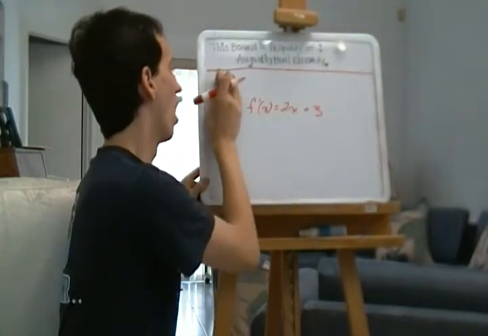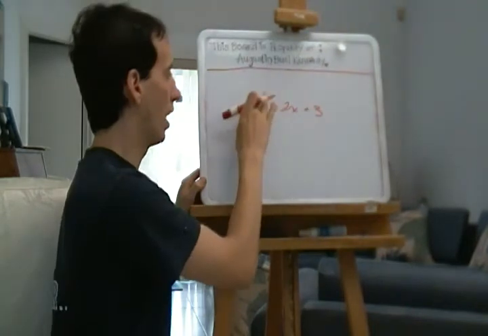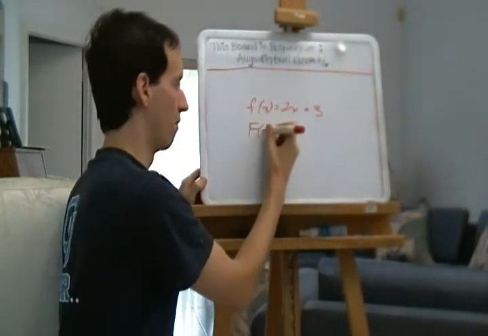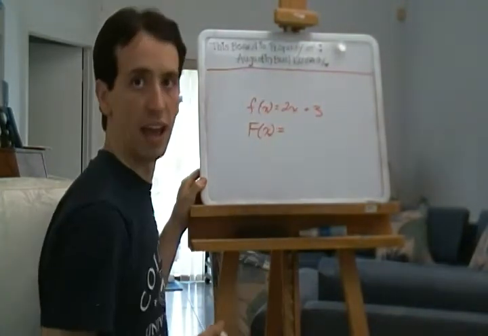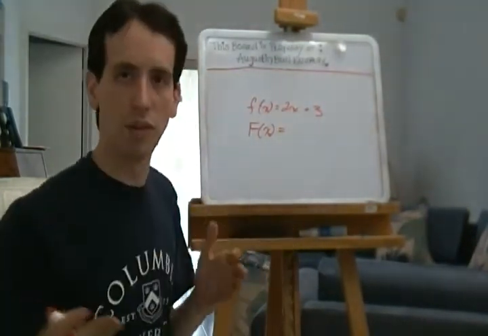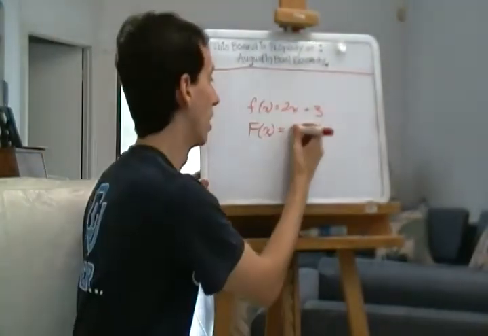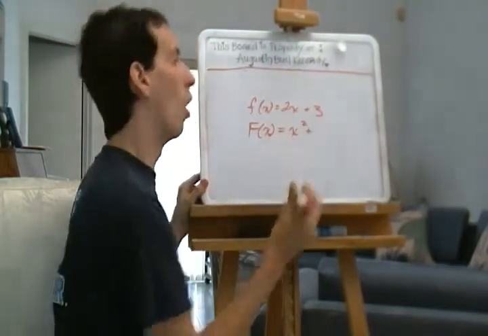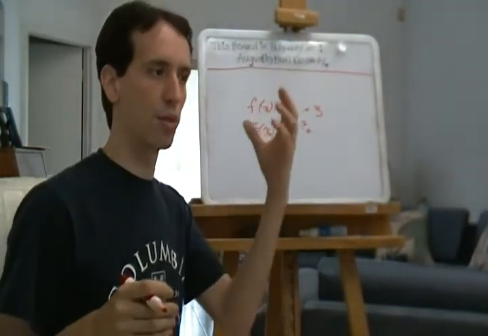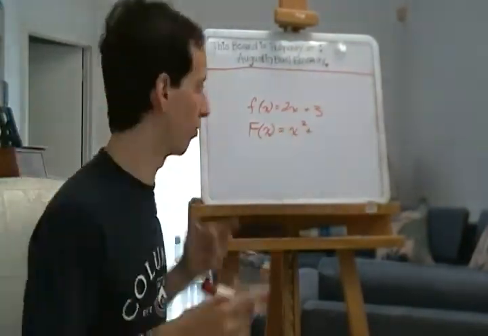Alright? So, let's say we have f of x, right here, is 2x plus 3, and we want to find big F, the antiderivative. Well, we know that the thing you take the derivative of to get 2x is x squared. And the way you get a constant, 3, is by taking that constant with an x in front of it.